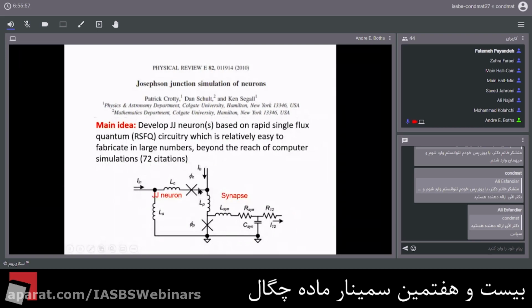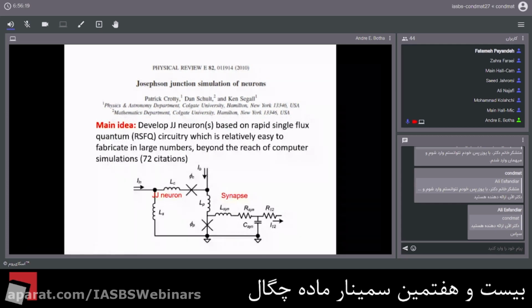And here I also show, in addition to the basic neuron, how these authors connect the neuron to a chemical synapse. So this capacitor here is modeling the synaptic connection, which may be to another neuron or to something else.